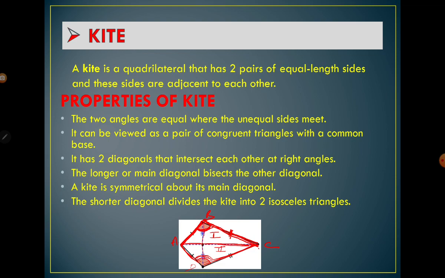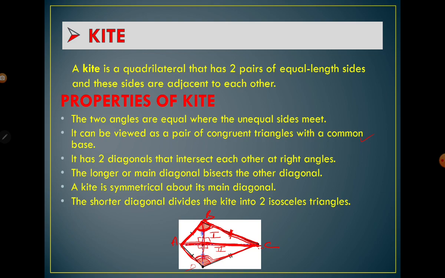This smaller diagonal and the bigger diagonal bisect each other at 90 degrees. A kite is symmetrical about its main diagonal. If I take this big diagonal AC as the base, then it will be symmetrical about AC, or you can say that these two triangles, ABC and ADC, are congruent.